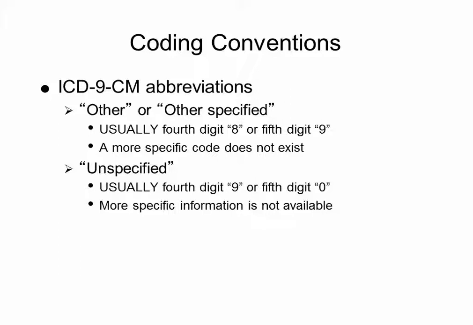Unspecified is usually represented by a fourth digit of 9 or a fifth digit of 0. And that, again, means that more specific information is available. They just didn't give me enough information in the record to decide.